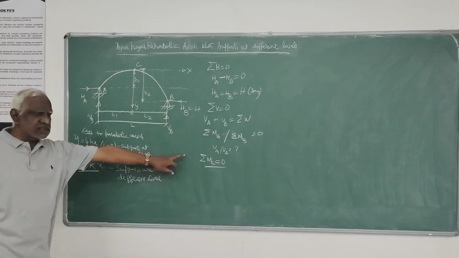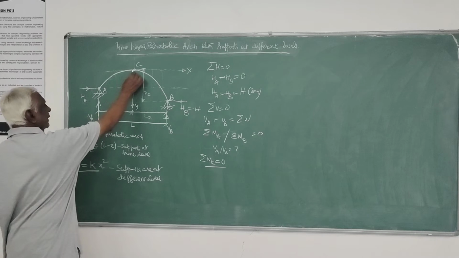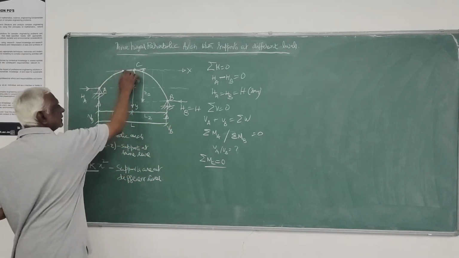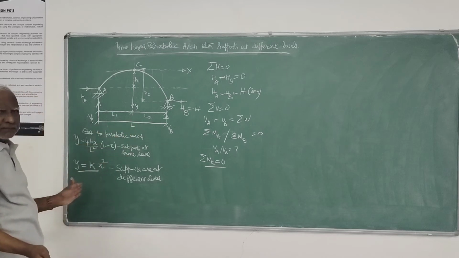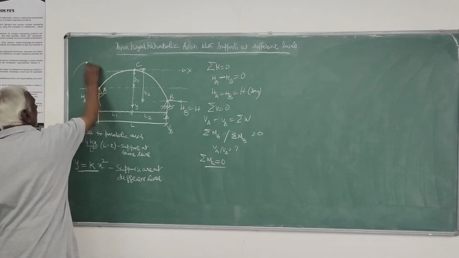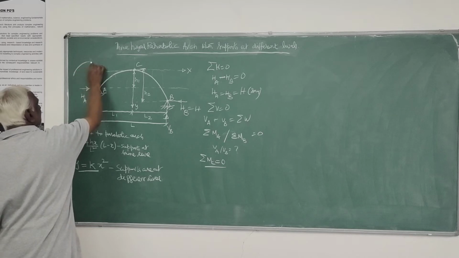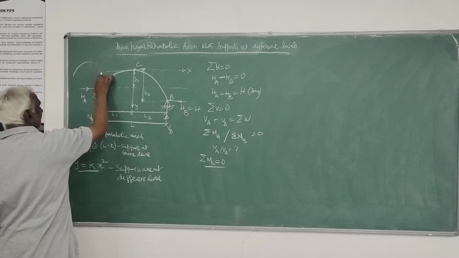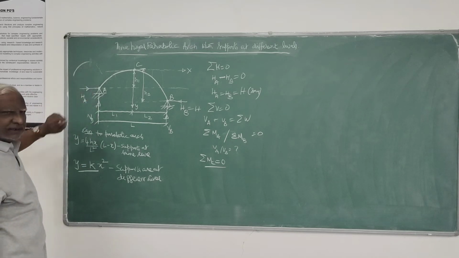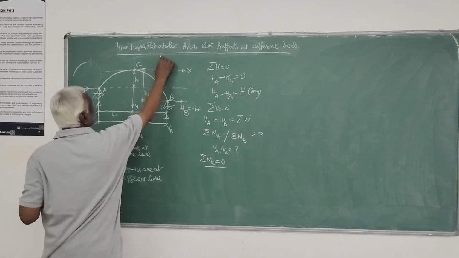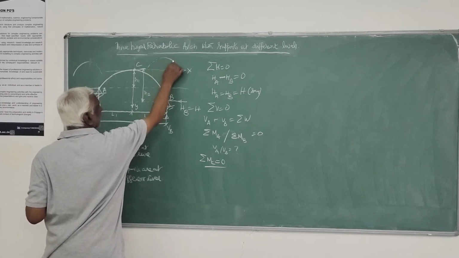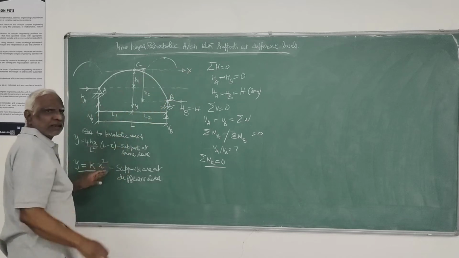When you use this equation, you have to take the free body diagram either towards left or right. These are two different parabolas. On the left side you will have one parabola up to here, and you can imagine it extends on the other side. So this is one parabola, and the right side is another parabola.